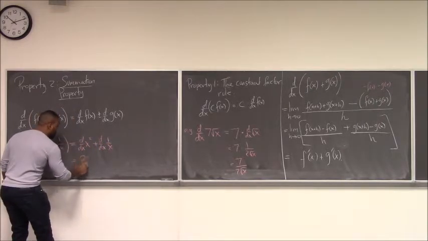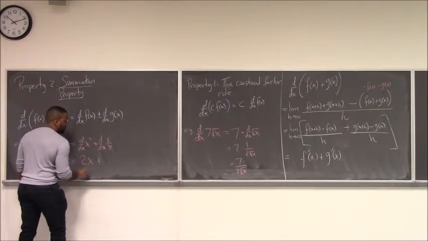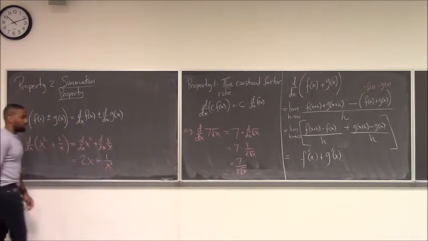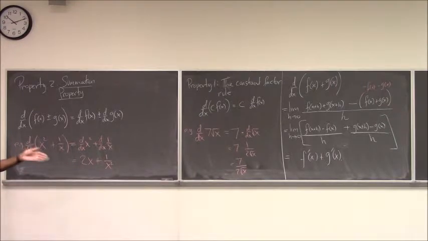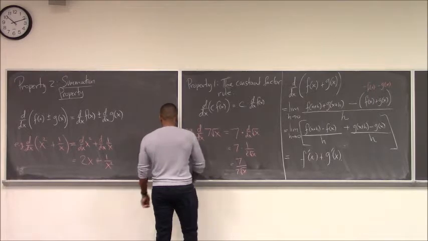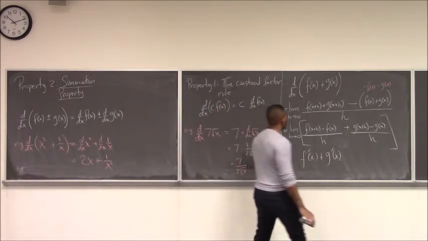And we know from last time this is 2x, and we know this is minus 1 over x squared. That would be the answer. So if I'm adding two things together, just differentiate each term separately, and that's how you differentiate the sum. This is called the summation property.